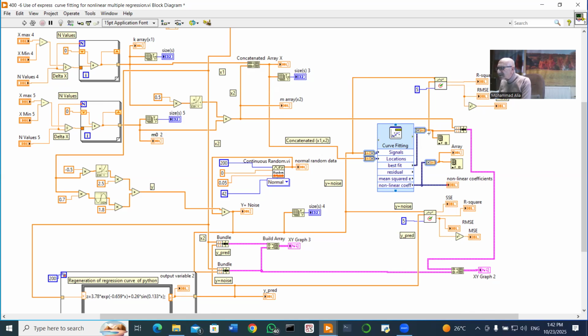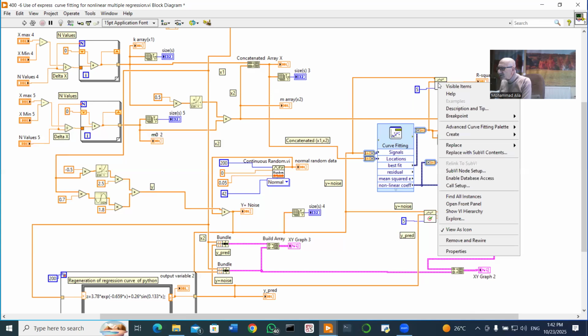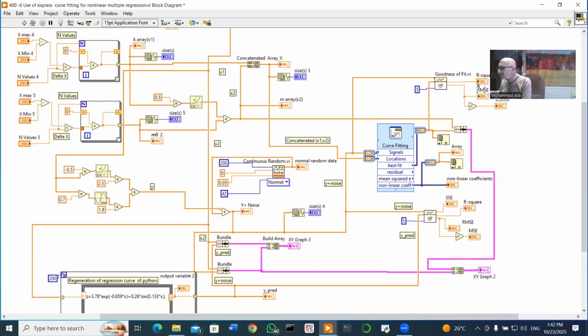This cluster, as you see here, gives you an array which represents the best fit as the output. And this is why at the input, I compared them using the goodness function to get the value of the R or the value of the mean square error.